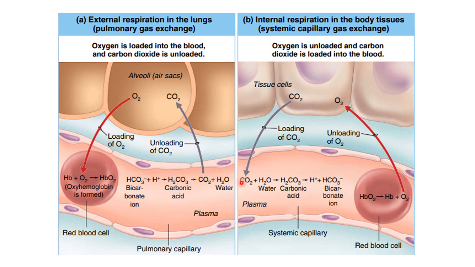Here, the carbon dioxide combines with water to form carbonic acid, and this process is catalyzed by carbonic anhydrase. That carbonic acid will spontaneously decompose into bicarbonate and proton, and the bicarbonate is taken up by the red blood cell and again converted inside the red blood cell into carbonic acid.